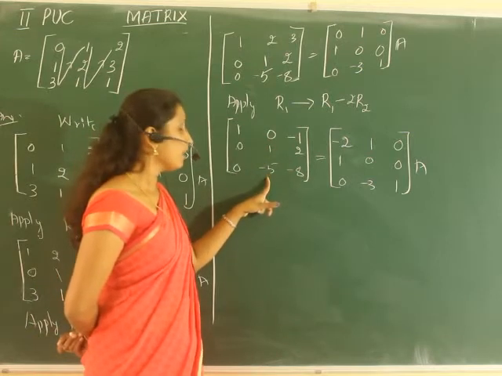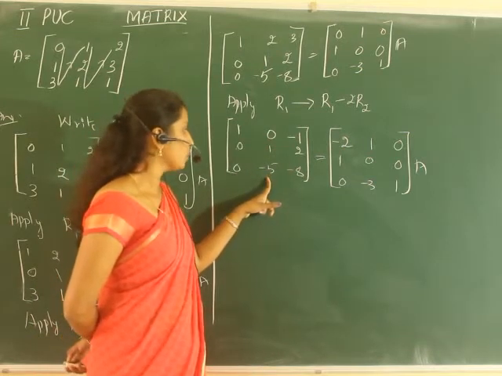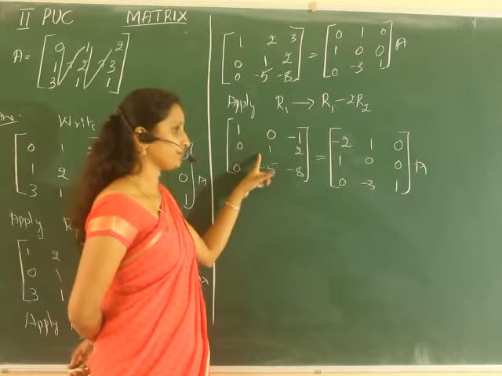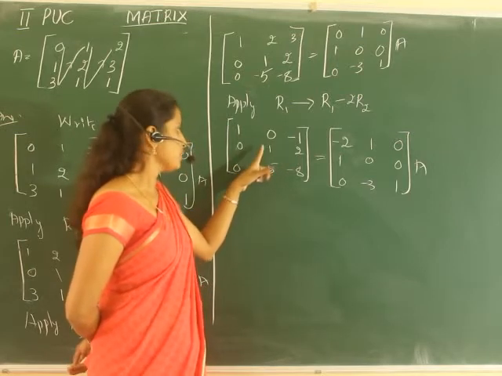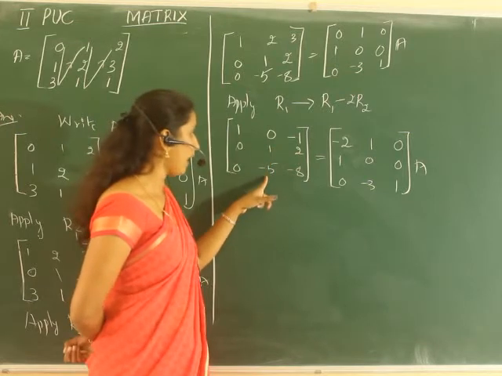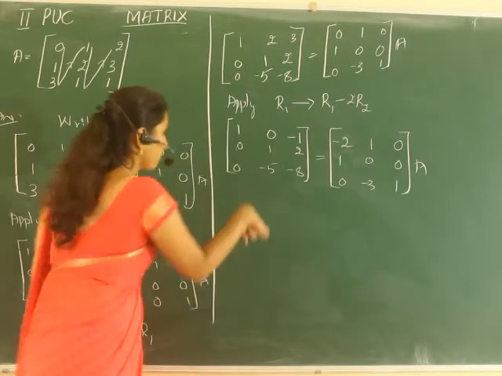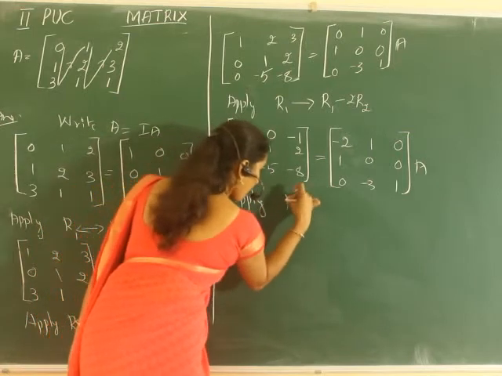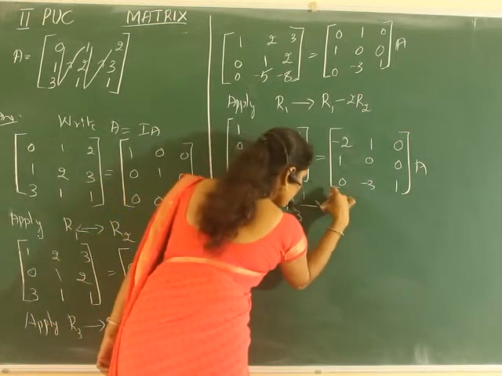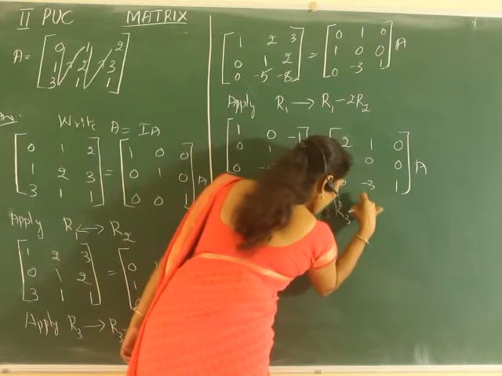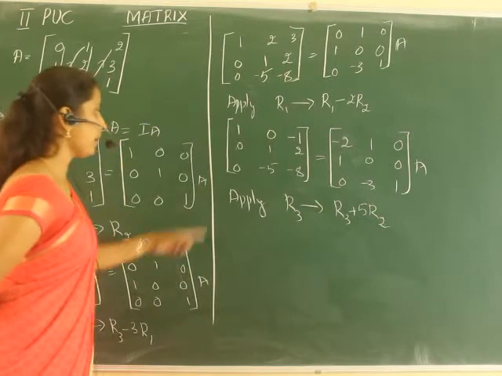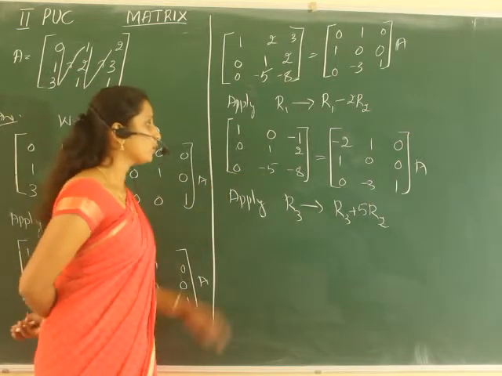Which operation can I do? Here to make it 0 there should be 5, I have to add plus 5. So multiply by 5 and add to this row. So apply R3 changes to R3 plus 5 into R2. I have to multiply this by 5 and add to the third row.